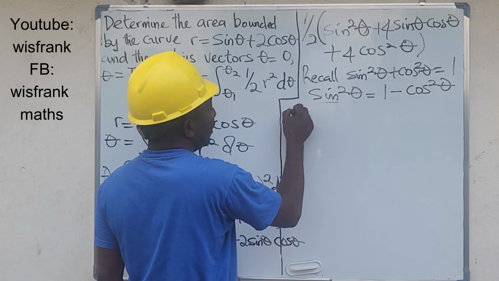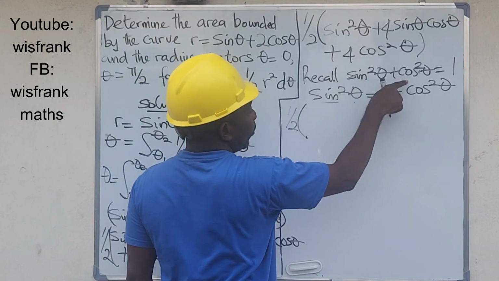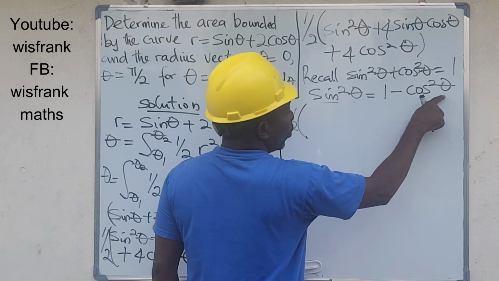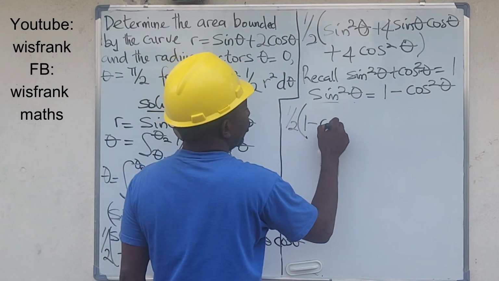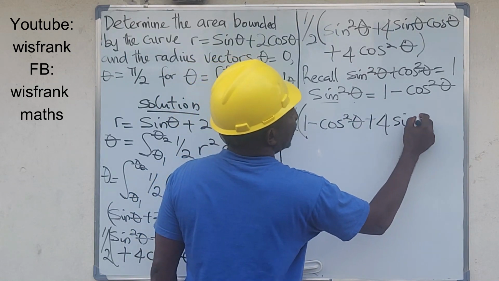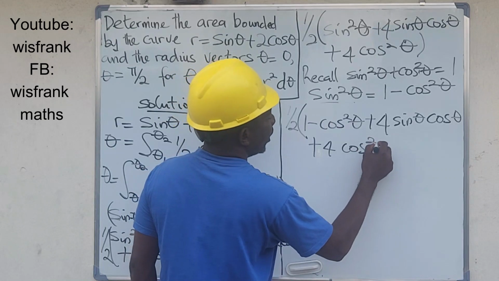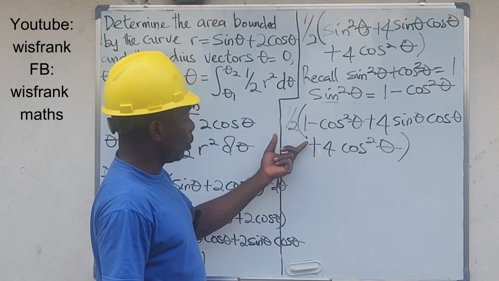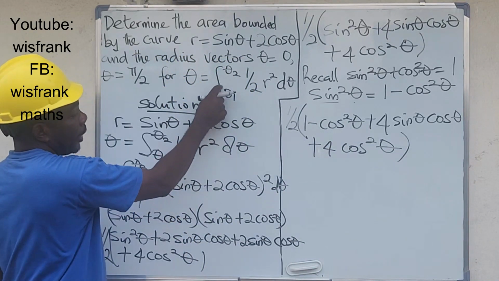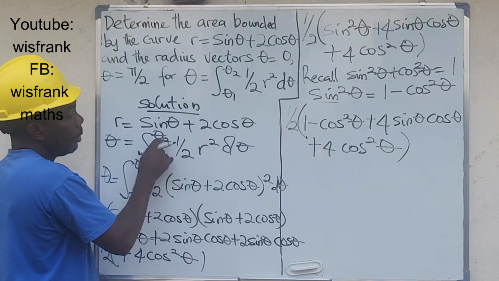We have 1 over 2 into, in place of sine squared theta, 1 minus cos squared theta, then we bring down plus 4 sine theta cos theta, then plus 4 cos squared theta. Then we still remember that we have the limit and the integral. We'll bring it later. The integral of this limit is still there.